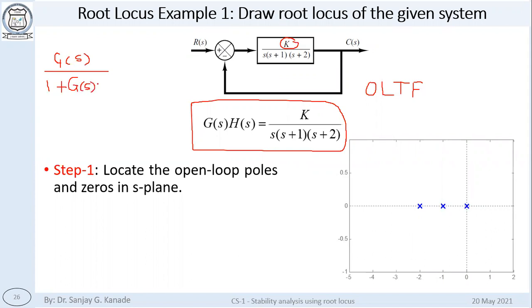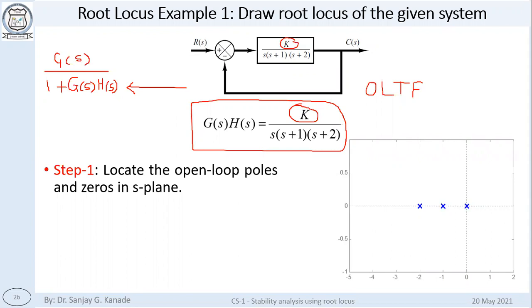The closed loop transfer function has 1 plus G(s)H(s), and as you can see, G(s)H(s) has this term k, which means the denominator is going to have the term k, so the poles are going to depend on k. That's why we cannot directly calculate the pole values.